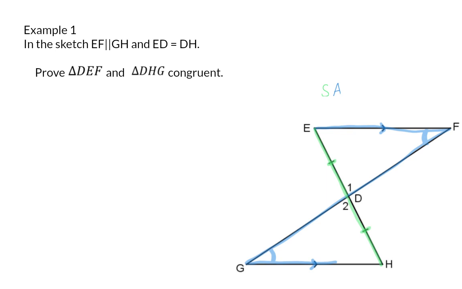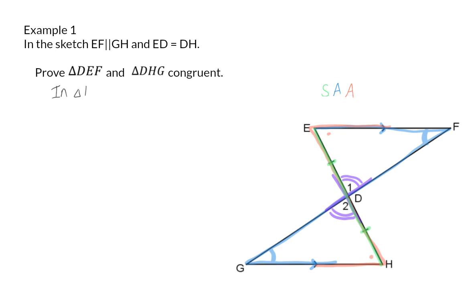You can either use alternate angles again to say that angle E is the same size as angle H, and then we have another pair of angles. Or you can have vertically opposite angles and say that angle D1 is the same as angle D2 for another pair of angles. Now we can go and write down all our measurements that are equal.